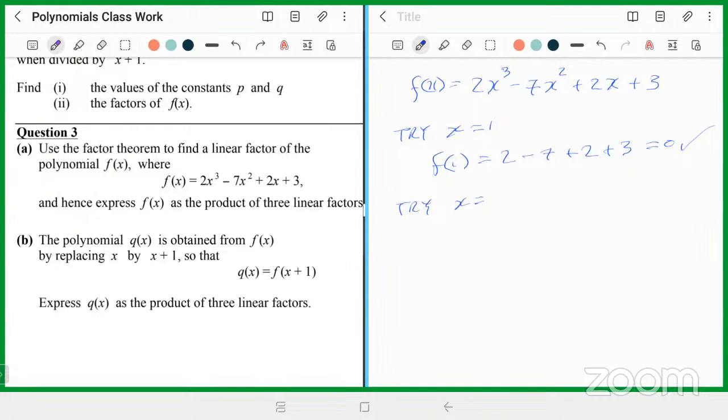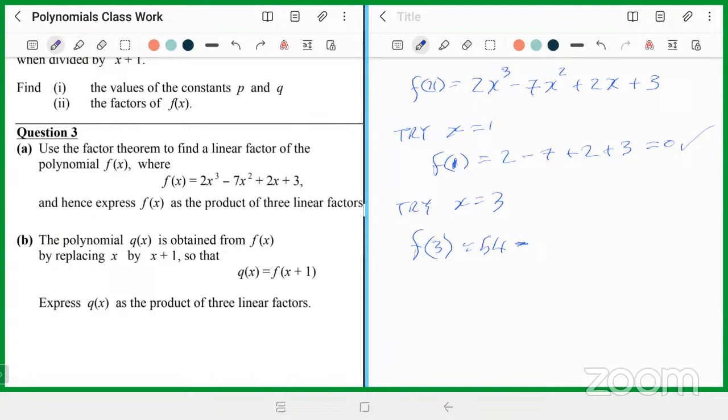It wasn't me who used 3. All right, f of 3. If one of your factors comes out to be x minus 3, then you know that 3 will work. So anyway, let's go. 3 cubed is 27. 27 times 2 is 54. Minus 7 times 9.